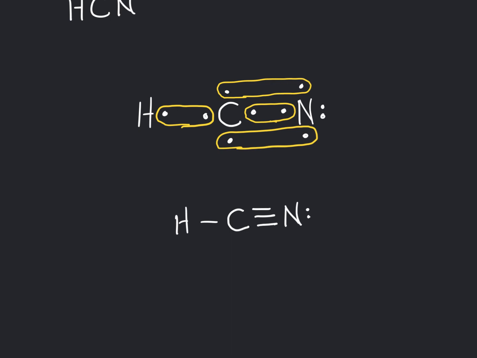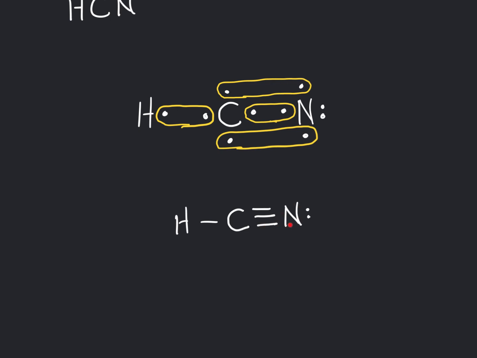This is the structure for hydrogen cyanide. What's different here? Well, you can see I used a triple bond here. I used the triple bond because this now gives me octets all the way around. So watch as I'm tracing this out. This is a pair of electrons. This is a pair of electrons. This is a pair of electrons.